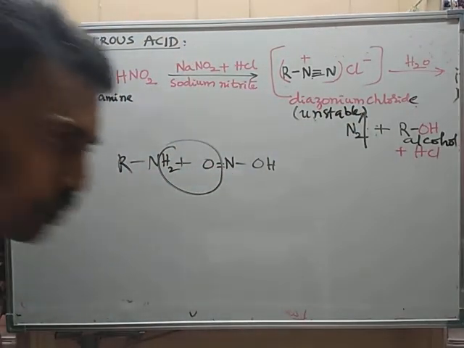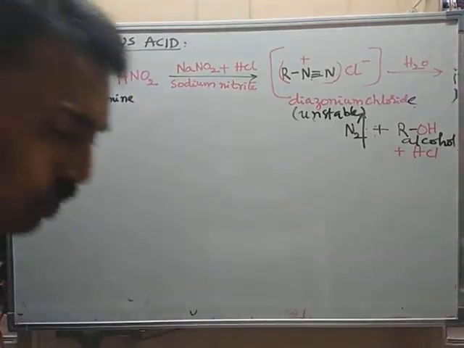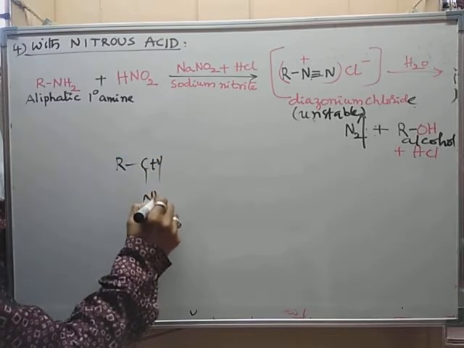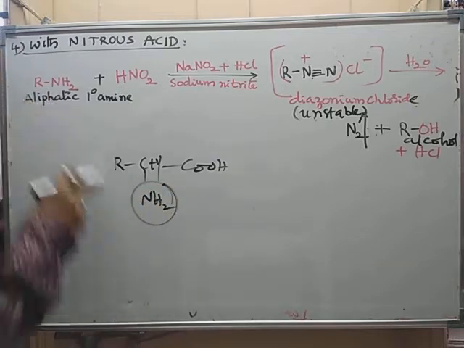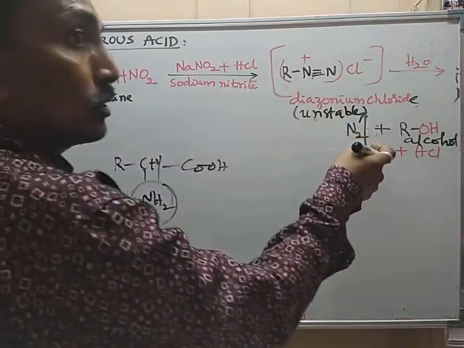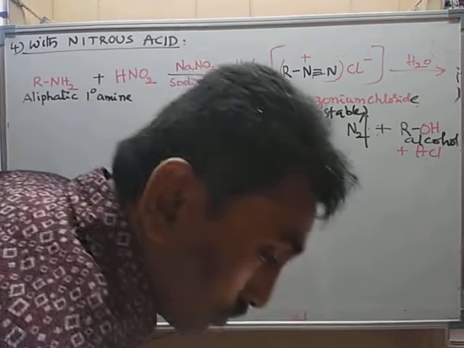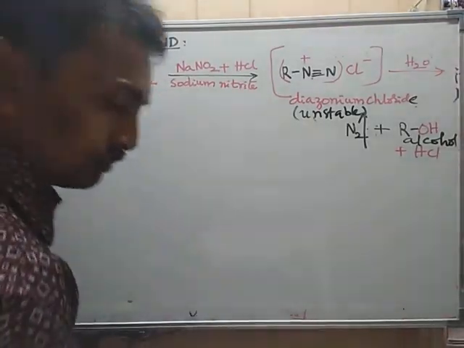Yes. What is the use of this reaction? Amino acids. What are amino acids? They are CH, NH2, COOH. So this NH2 group, primary amine group, is converted to nitrogen gas, and estimation of amino acids is possible with the help of this reaction. What is the use of this reaction?